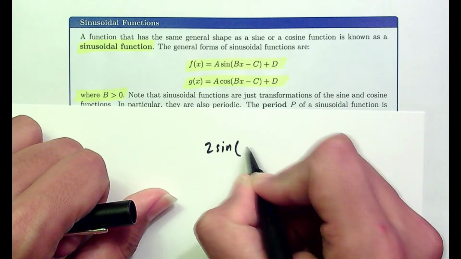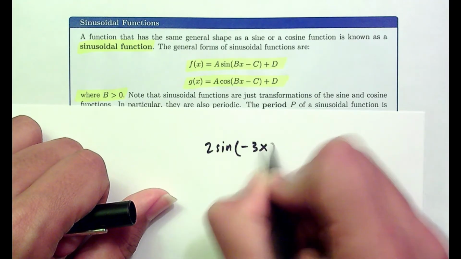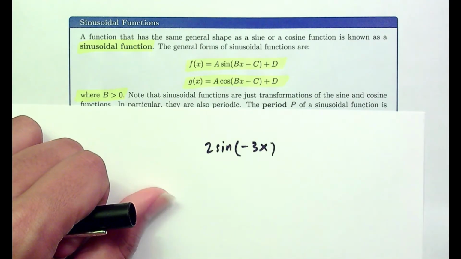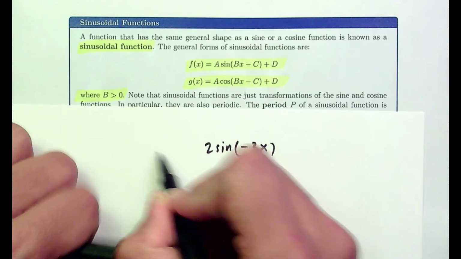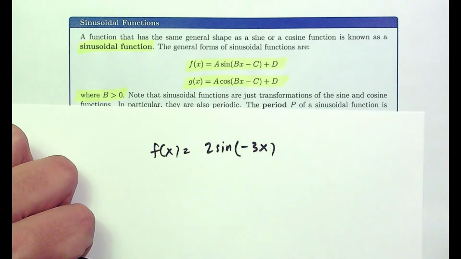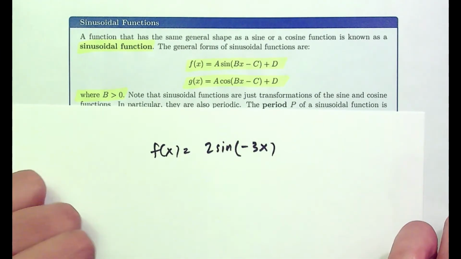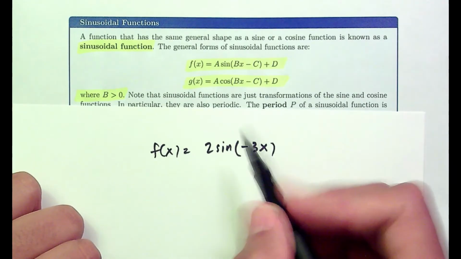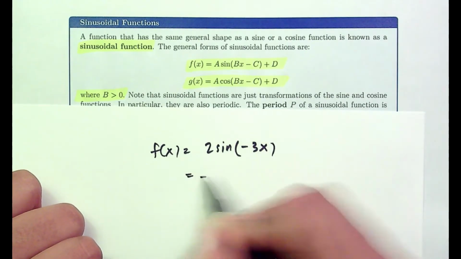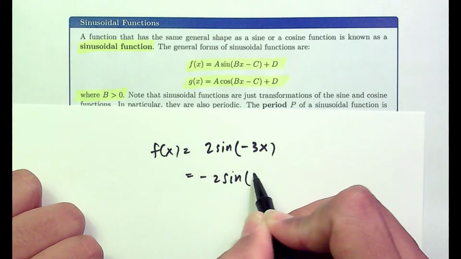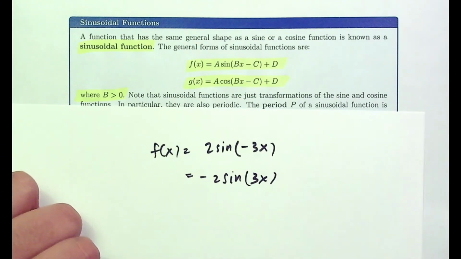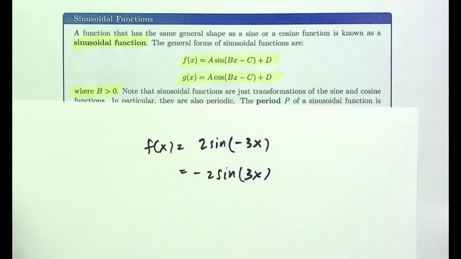So for example, if what I had was something like 2 sine of negative 3x, then using the properties of even and odd, in this case, sine is odd, you can just put that minus in front and say negative 2 sine of 3x, and that way you have the coefficient of the x be positive.